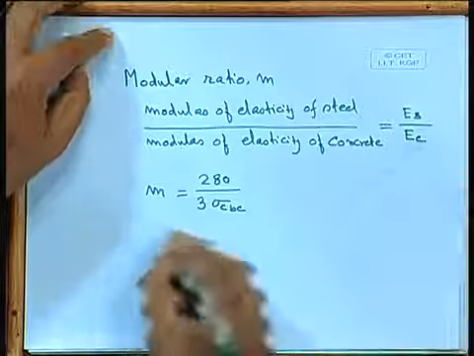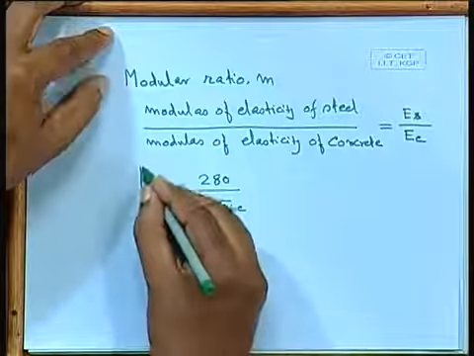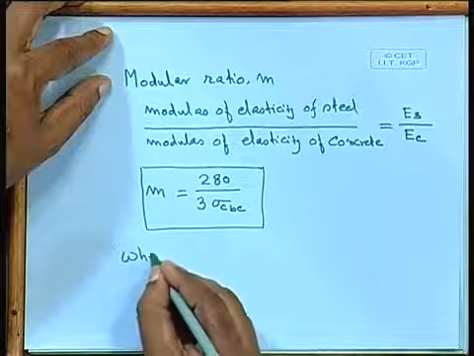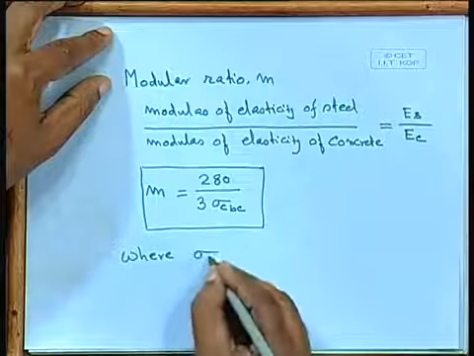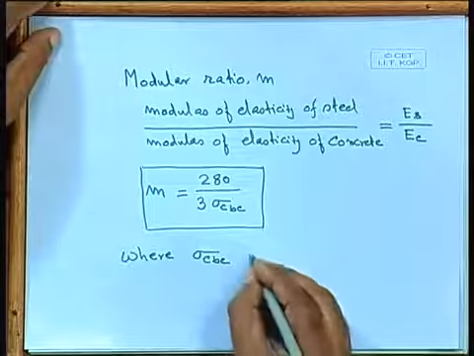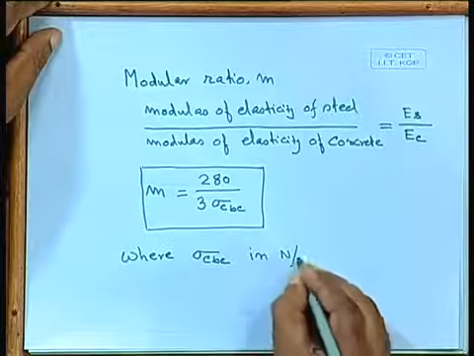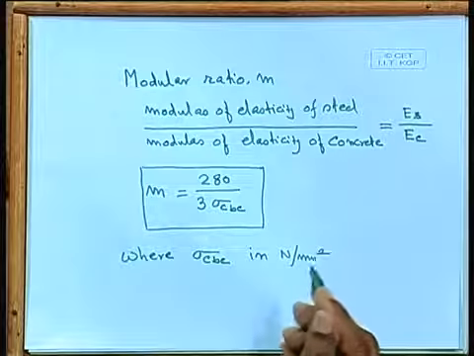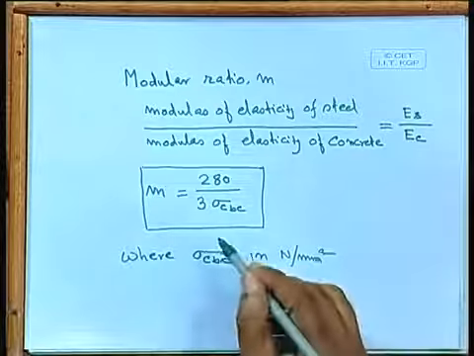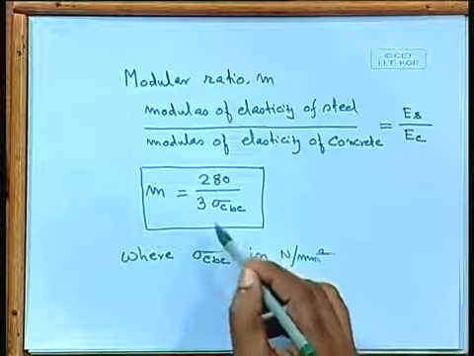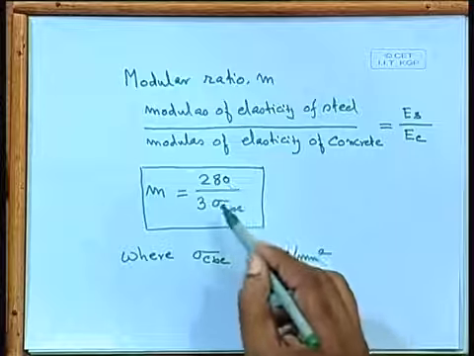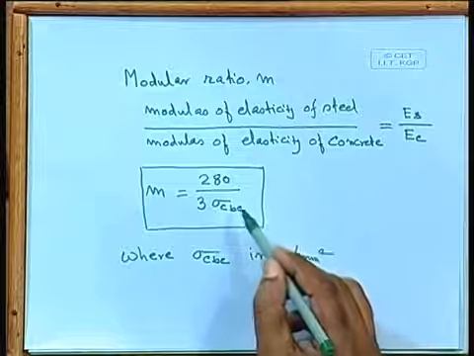Instead, we use this formula, which we should remember, where sigma cbc is the concrete stress in bending compression in Newton per square millimeter. On the basis of that we shall calculate m.